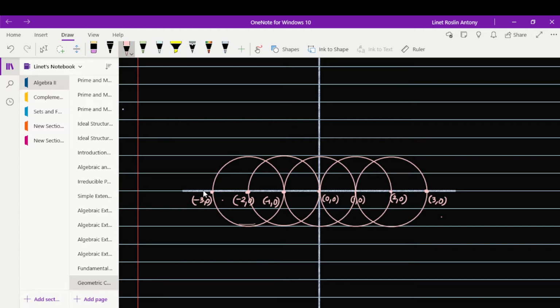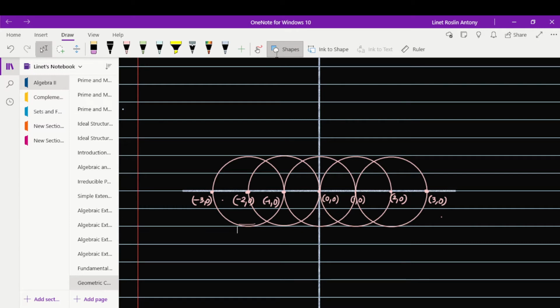Now you're going to draw a circle at 1, 0 with radius 2. We now know what radius 2 is. We can form the length from the distance between minus 1, 0 and 1, 0. That will be length 2. Using that you can draw a circle with radius 2 with center 1, 0.